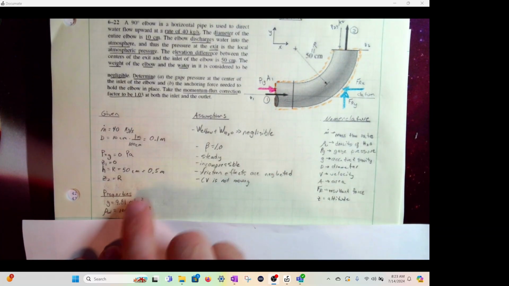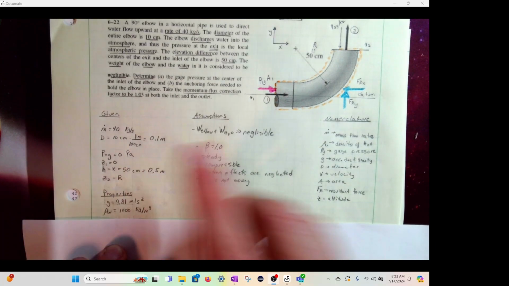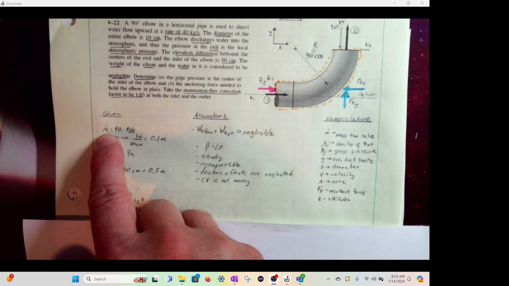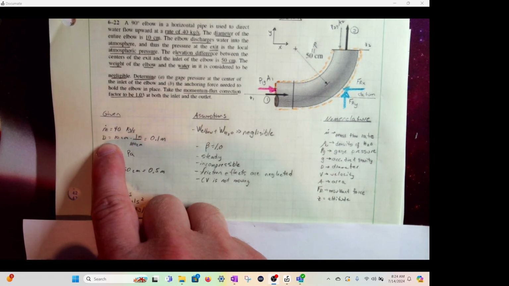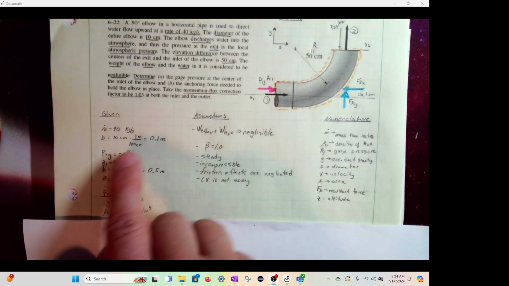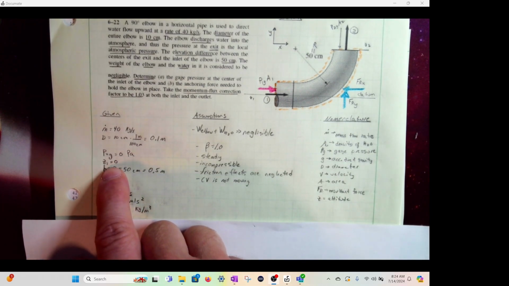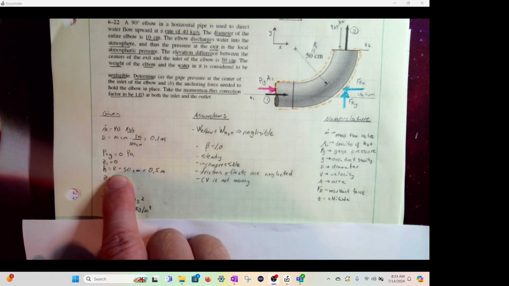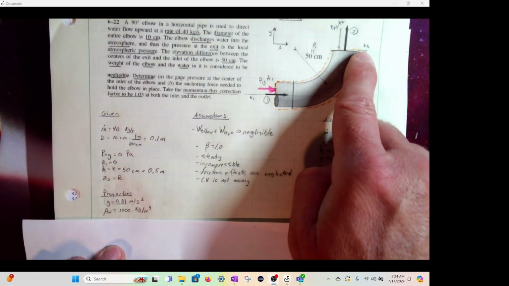Over here, properties you can put into your givens, and I'll talk about that in a second. So givens, in variable form: m dot is 40. Diameter, 0.1 meters. Gauge pressure at 2 is 0 because it's atmosphere. Z1 is 0 because that's our datum. H equals the radius, 0.5, which is the altitude of Z2.